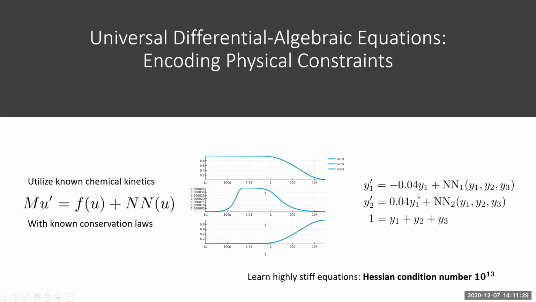But now I encode that I know that there is a linear reaction that changes Y1 to Y2, but there must be some other nonlinear interactions. Please discover what those nonlinear interactions are for me. And this would just be a universal differential algebraic equation, which you can represent in its mass matrix form. And once you can write it down in a mass matrix form, then you can use the techniques that we've developed to train the embedded neural networks.